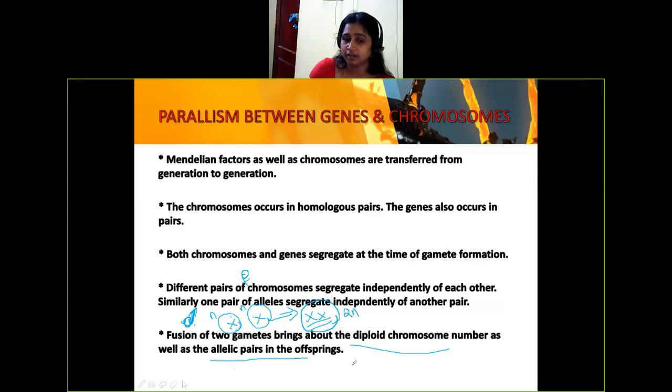I'll write again: capital T, capital Y, capital T, capital Y, we saw there, no? Two gametes, when they fuse, they become what? Capital T, capital T, capital Y, capital Y. Right? So we saw about the parallelism.